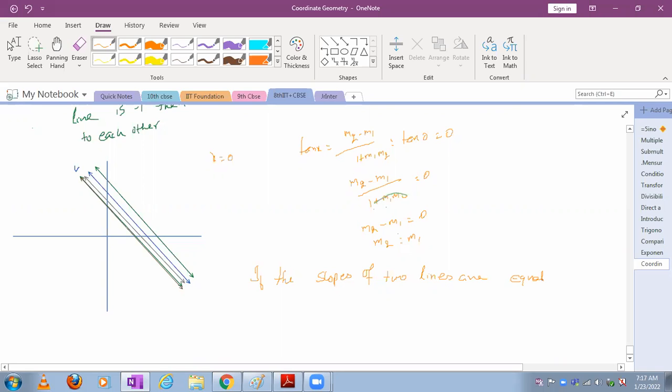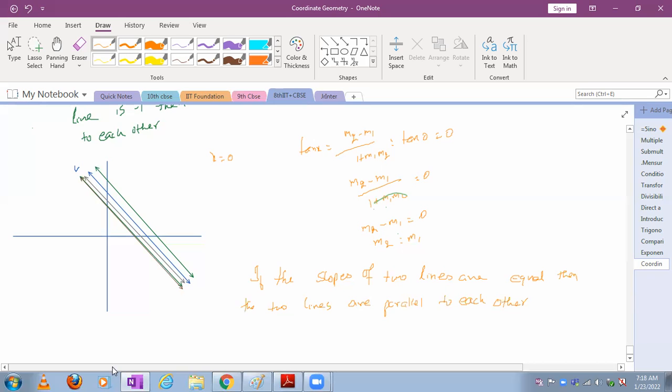Once you put it in your notes first. IIT Foundation notes you have to keep separately, and you have to write it in your notes. If the slopes of two lines are equal, then the two lines are said to be parallel to each other. Got it?